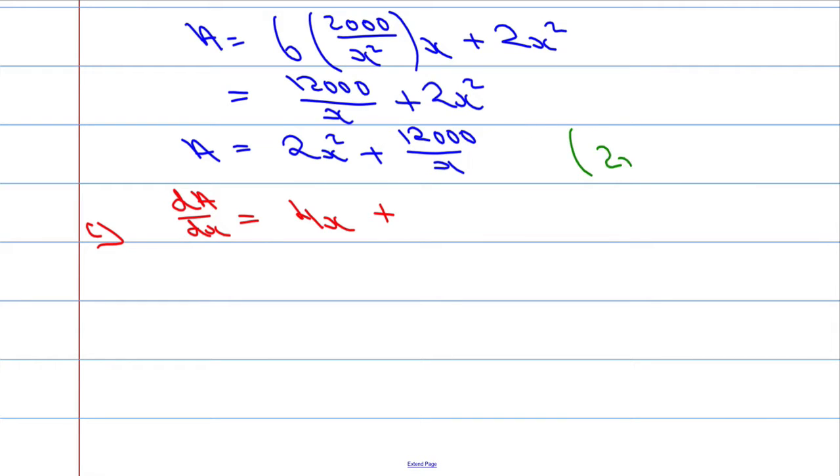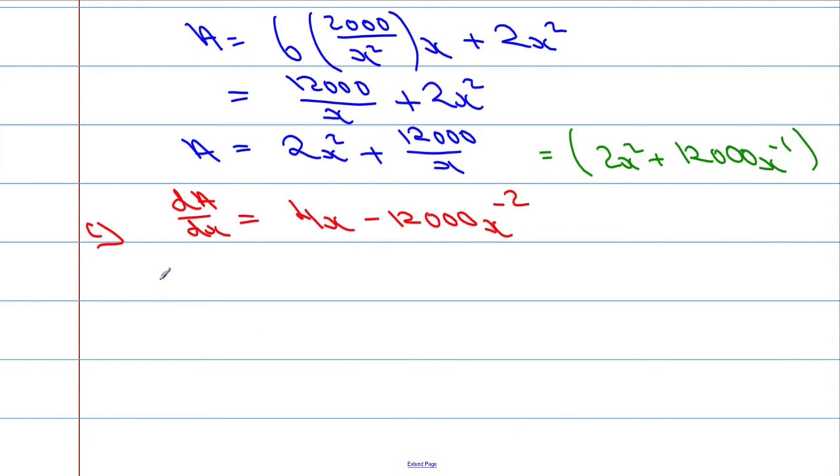In green, this is actually 2x squared plus 12,000 times x to the power of minus 1, just so that when we differentiate it becomes clear what's going on. So take the power down in front, negative 1 times 12,000 is negative 12,000, and reduce the power by 1, x to the negative 2.